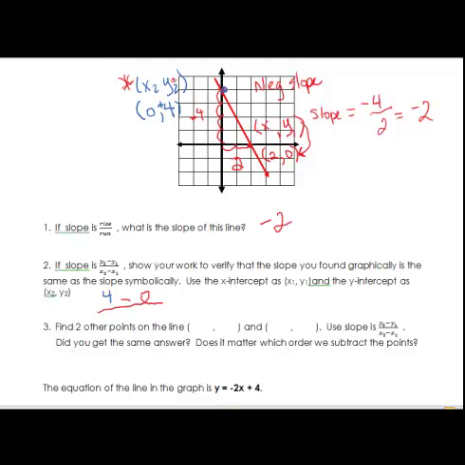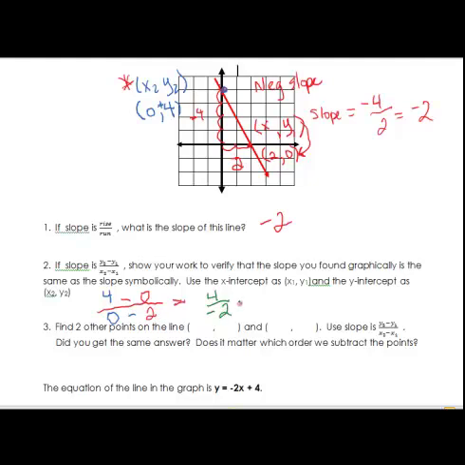So 0 would be my x2. And then I look at my x1, and that happens to be 2. And when I subtract, I have 4 minus 0 is 4 over 0 minus 2, which is negative 2, and 4 divided by negative 2 is also negative 2.